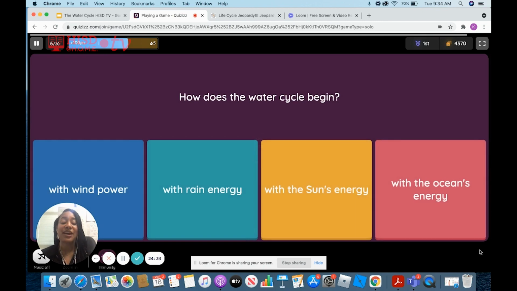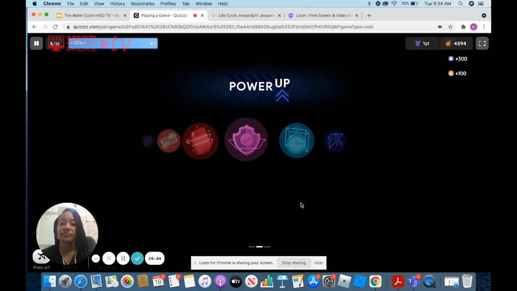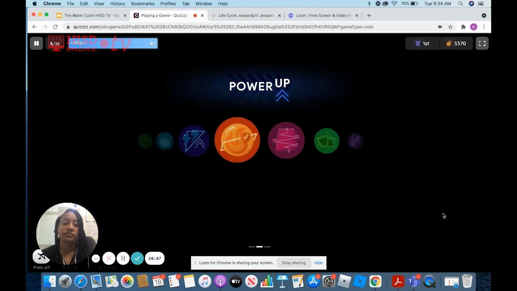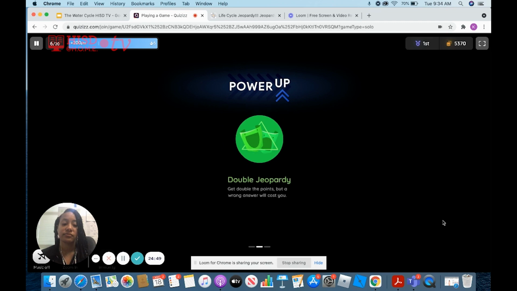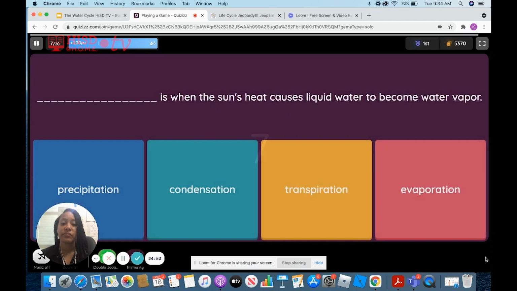How does the water cycle begin? Yes, so the water cycle begins with the sun's energy. Blank is when the sun's heat causes liquid water to become water vapor.